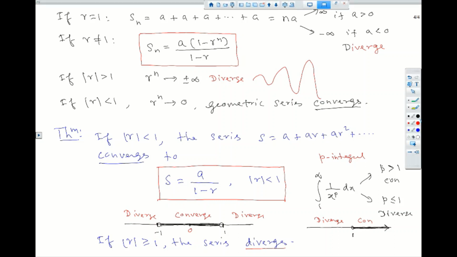So the first example: does the following series converge?